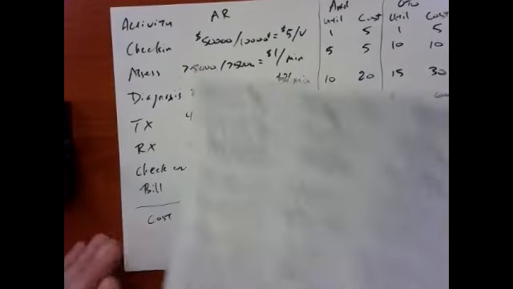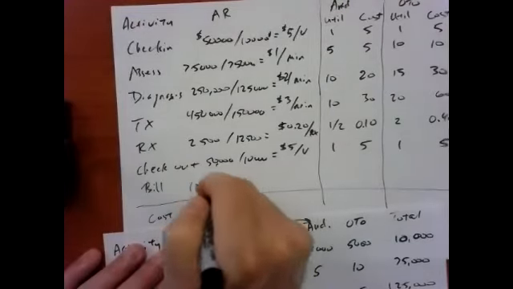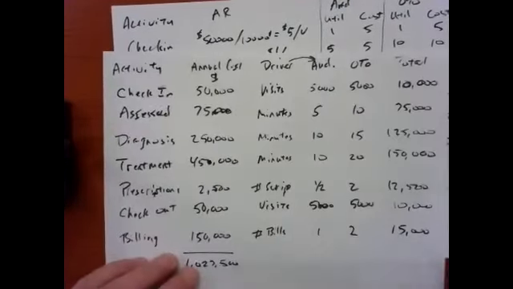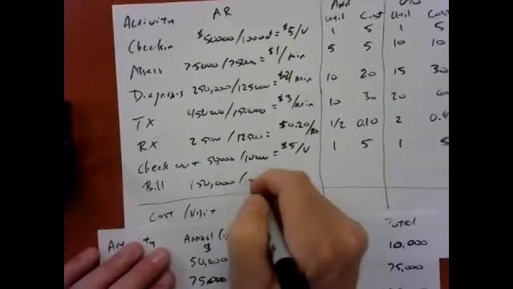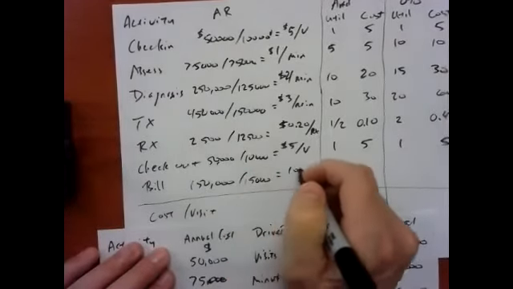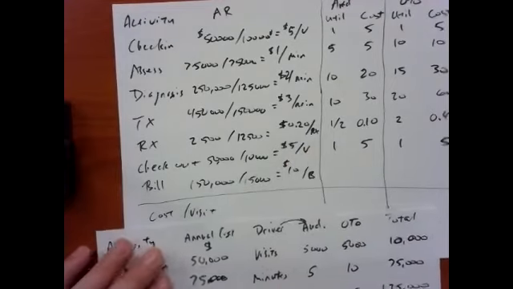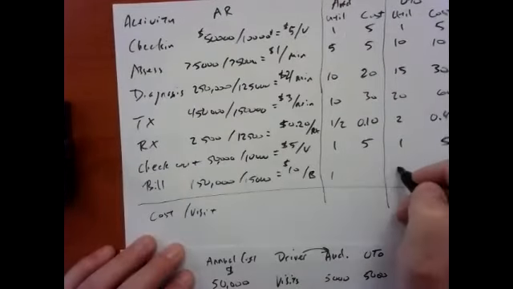And then bills, we said billing costs $150,000. We said that there are a total of 15,000 bills. So the cost per bill is 10. And we said audiology generates 1 bill, otolaryngology generates 2.